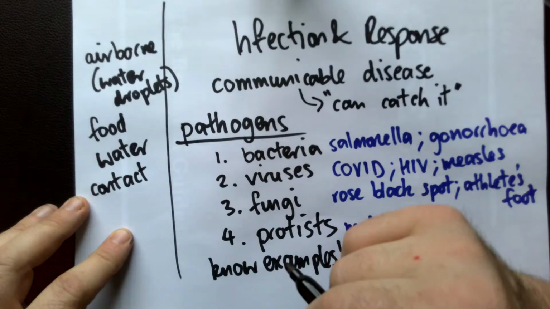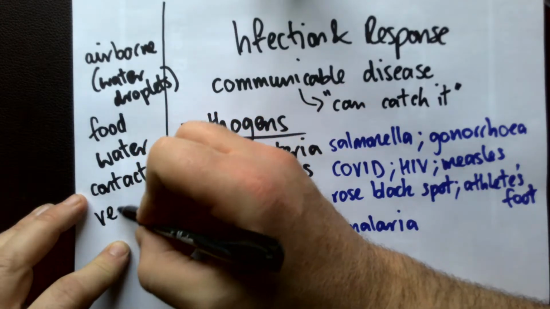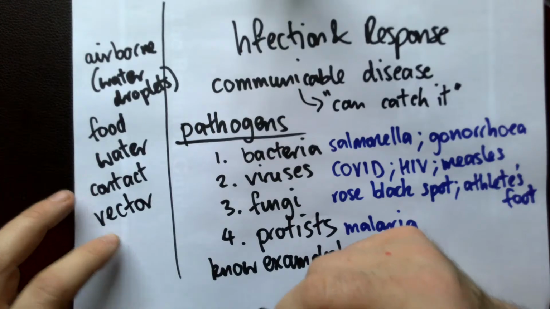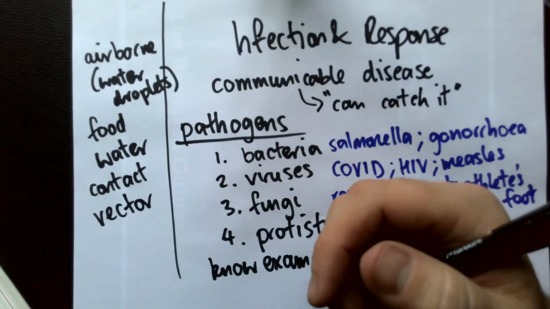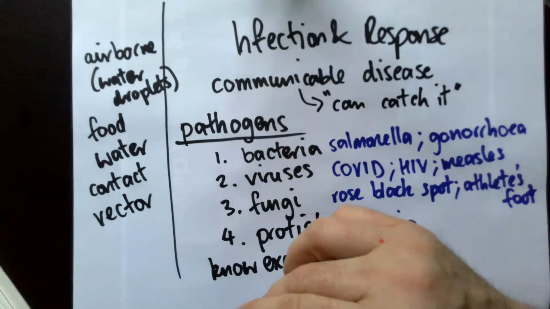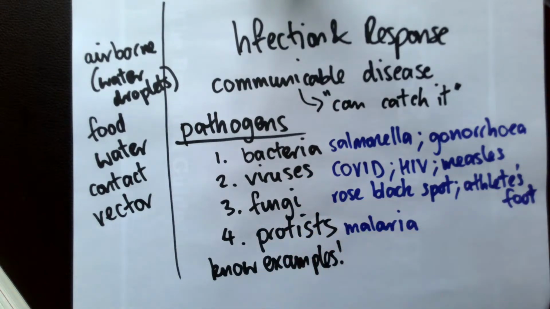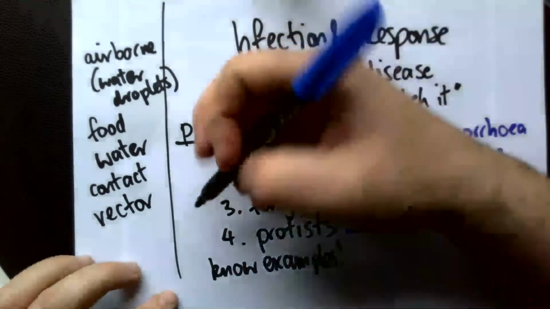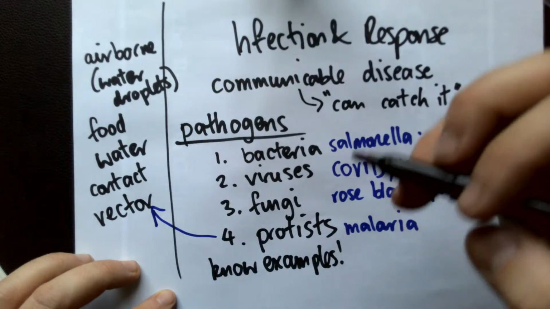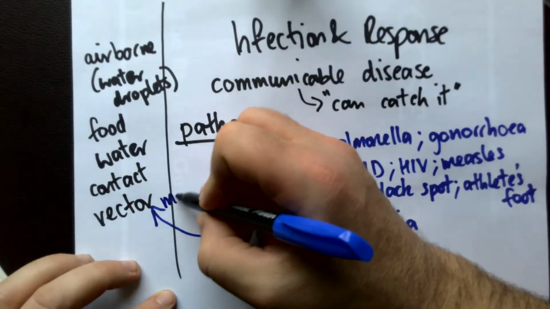And there's one last one, which is a vector. And a vector is another organism which transfers the pathogen. So, for example, the mosquito, thinking back to malaria. The vector for malaria is the mosquito.